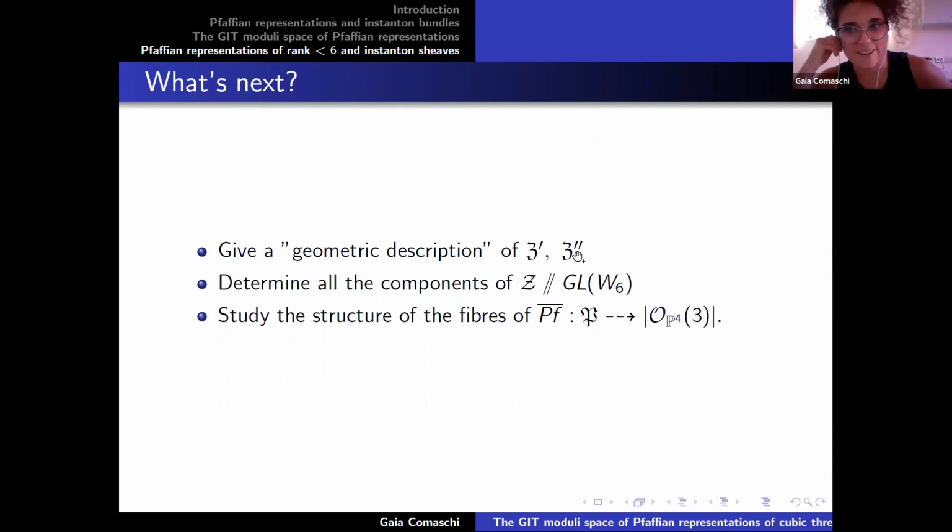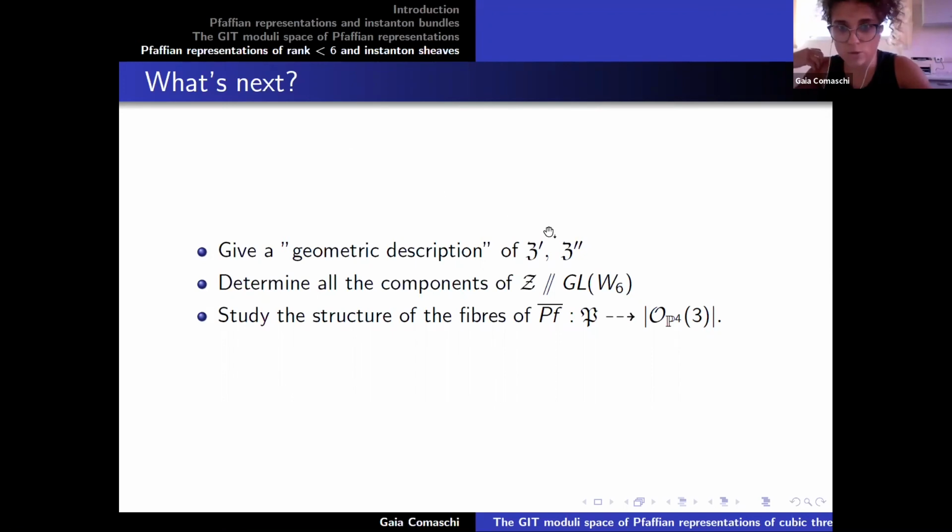For me, they should be somehow birational to the Hilbert scheme of conics and to a symmetric power of a Grassmannian, because these are components that parameterize sheaves on conics, with dimension 11, which is the dimension of conics in P4, and a component that describes families of pairs of disjoint lines. This component has dimension 12, since the Grassmannian of lines in P4 has dimension 6. So somehow they parameterize the support of these sheaves.